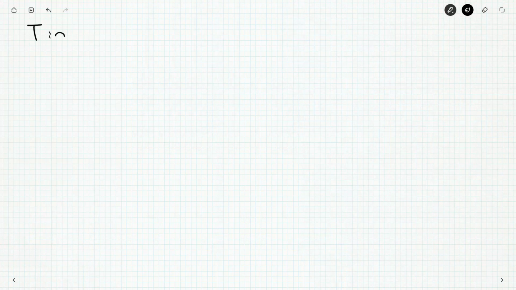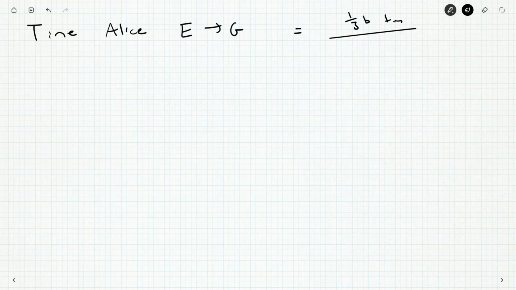So we might say something like time Alice to go from E to G. I'd probably write a full sentence. Time Alice E to G equals 1/3 B kilometers over 60 kilometers per hour. And so that's going to be 1 over 180, or B over 180 hours.